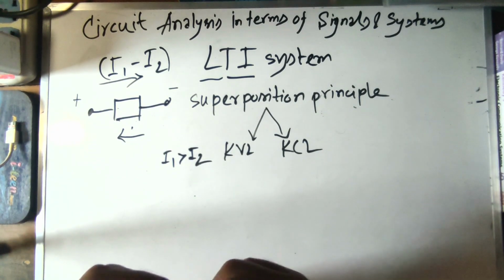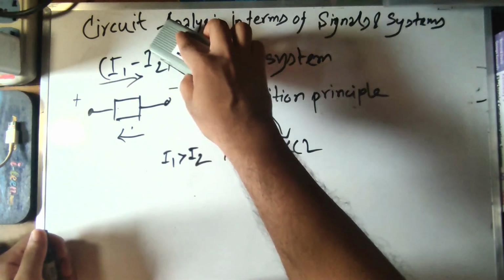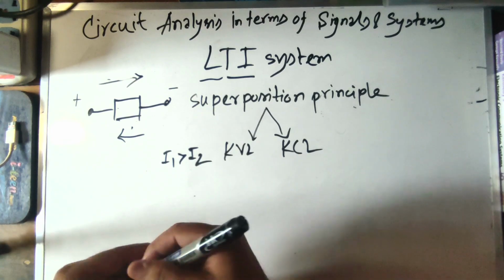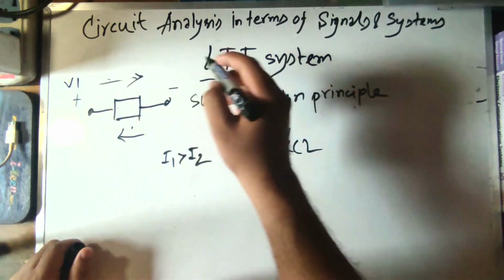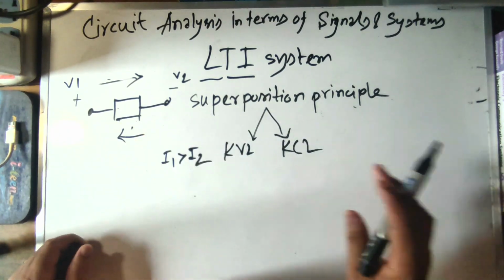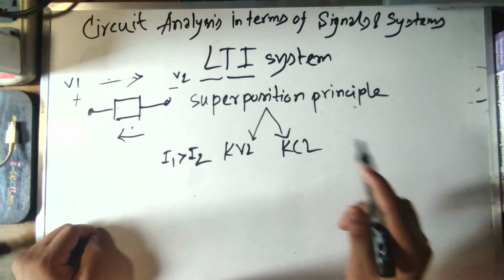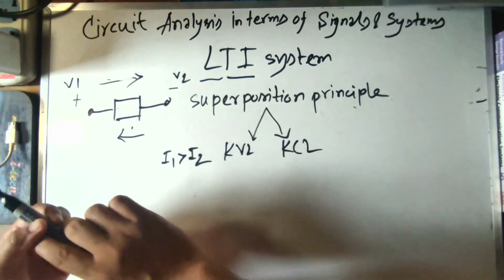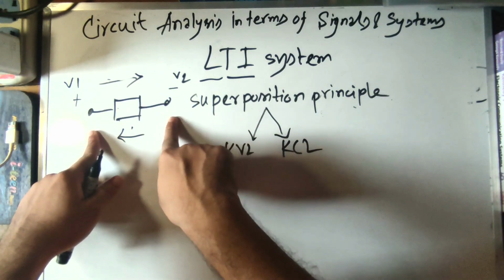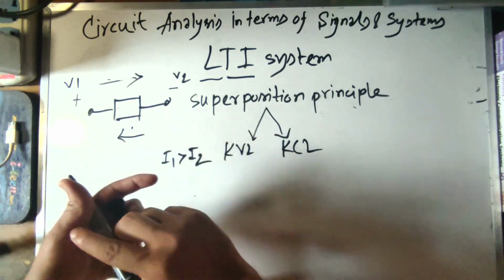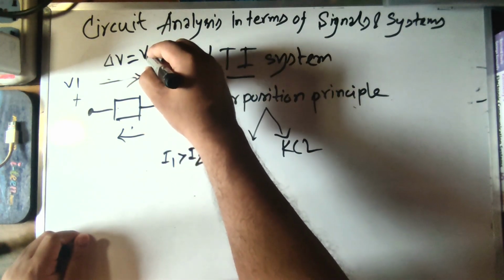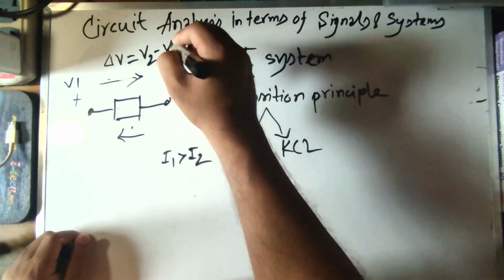And for voltage we will write like this. If this is V1 and this is V2, due to their superposition, the value across the terminals of the element or branch is delta V equals V2 minus V1.